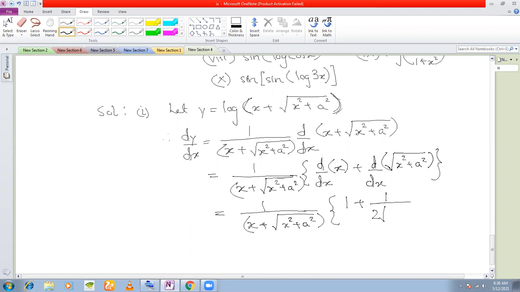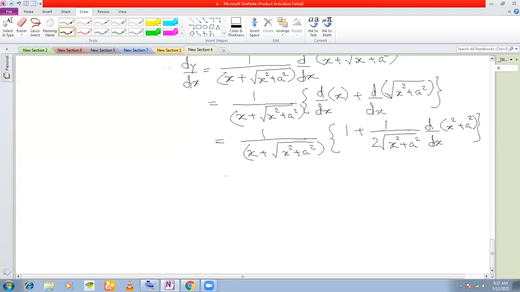So 1 by 2 root x square plus a square into the d/dx of x square plus a square, which is equal to 1 by x plus root x square plus a square into 1 plus, see, d/dx of x square is 2x and d/dx of a square is 0 because it is a constant.